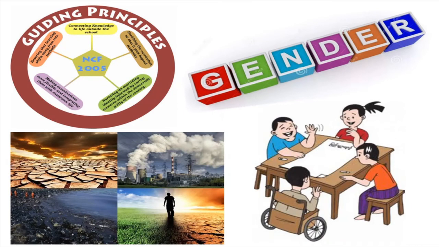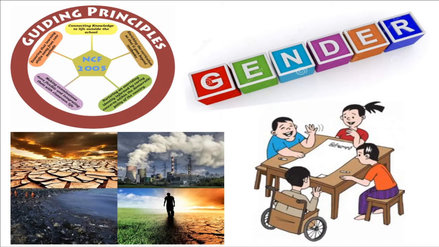All textbooks should promote constitutional values by using names of children related to different communities and ethnic backgrounds. Also, textbooks should contain content for promoting communal harmony and strengthening national integration by mentioning festivals of different communities.